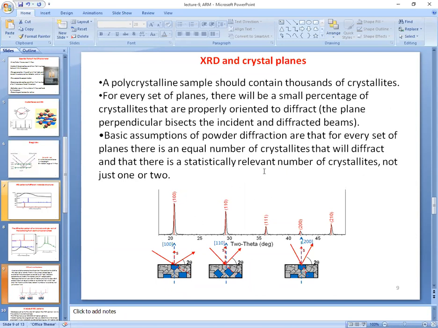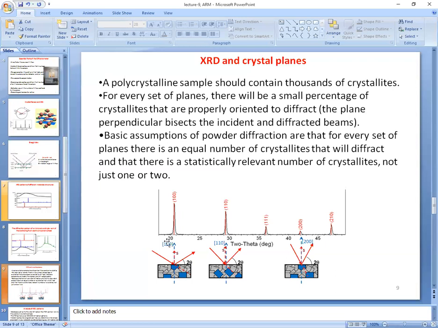So, in fact, when we do XRD, we can do XRD of a solid bulk material, but mostly we do the XRD of the powder.